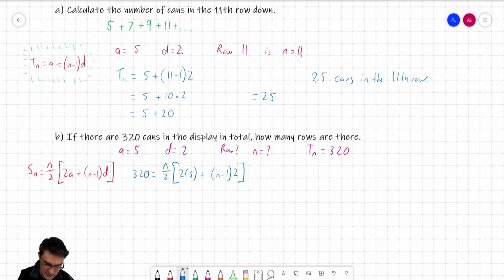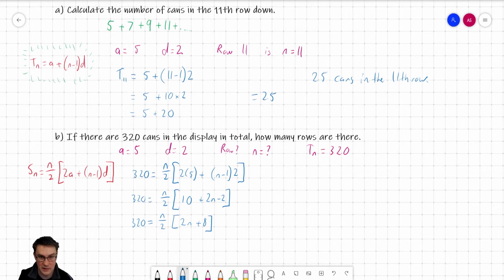As we expand and simplify this, we end up with n over 2, bracket, 10 plus 2n minus 2. We can take this further, and we have 320 is equal to n over 2 times 2n plus 8. From this step, let's expand the brackets entirely.